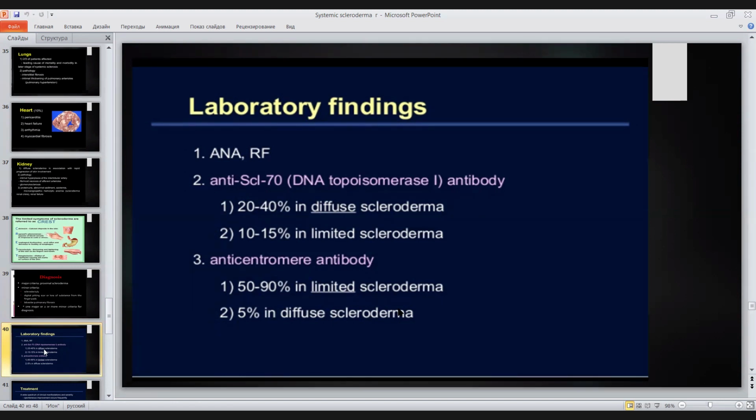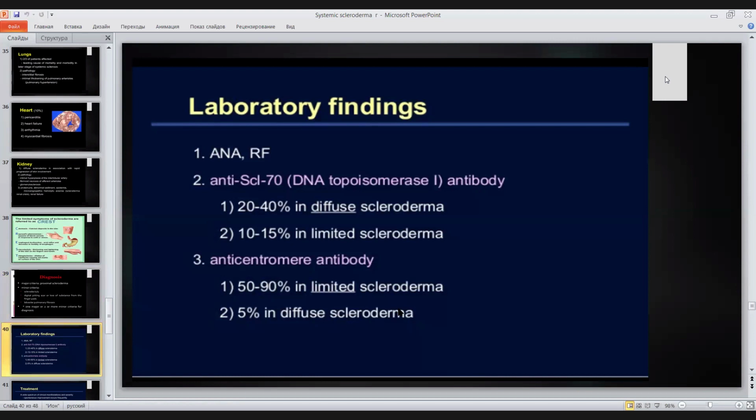This is the specific test. Antitopoisomerase antibody is most specific for the diffuse form, and anticentromere antibody is more specific for the limited form. Even if you find one type of antibody, you can already prove which type your patient has.